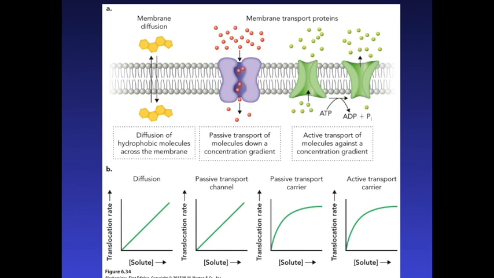You put a big enough gradient, it should go really, really fast, but then it's limited by how fast it can work. And that's as fast as you can go, even if there's a larger gradient. Here, if you just have a hole, you got a big difference, it'll go very, very quickly. But here, I actually have to bind to it.